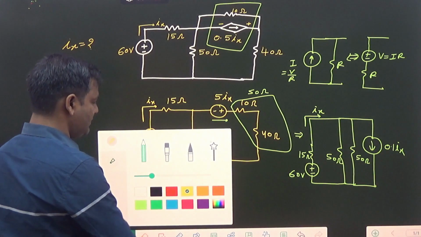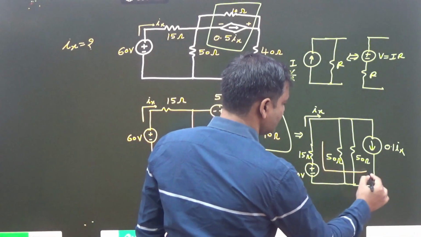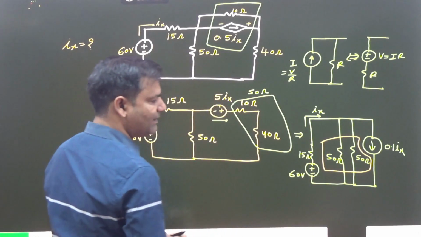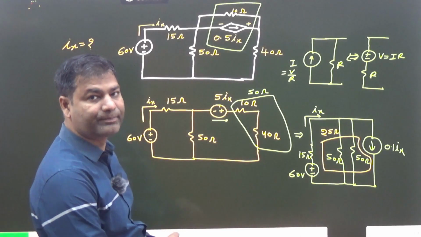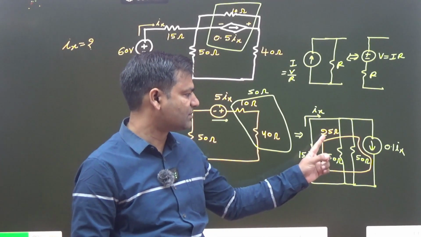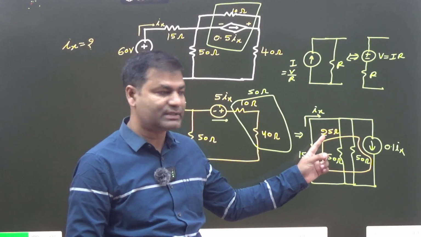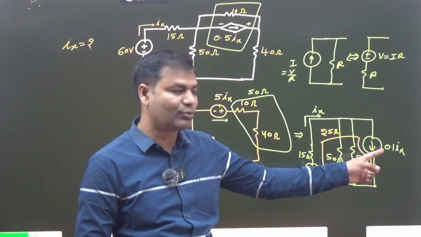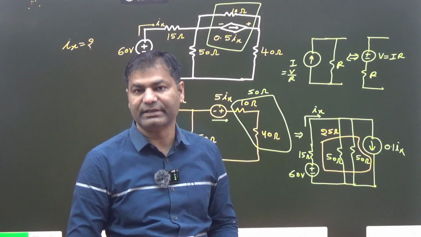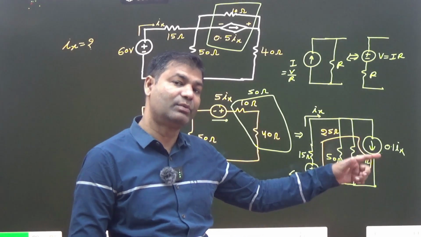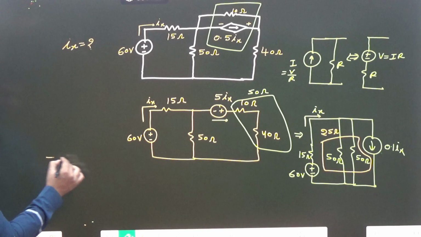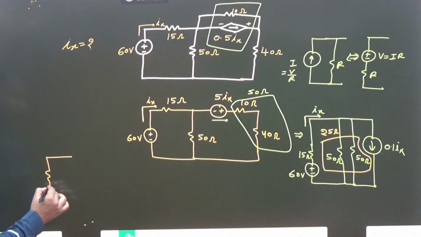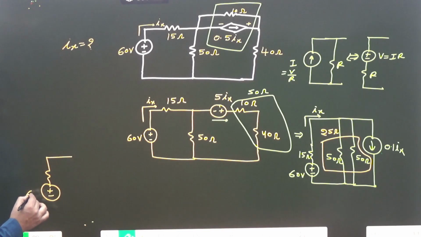After that, if you see very carefully, these two are in parallel. So the combination of these two is 25 ohm. Again apply source transformation: 25 ohm resistance and the current source 0.1Ix in parallel, so this one is converted into a voltage source. Then what about that value?